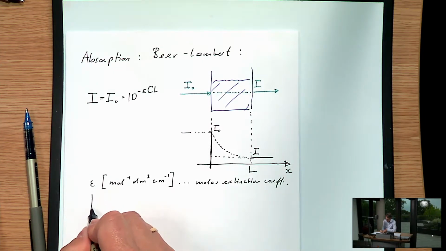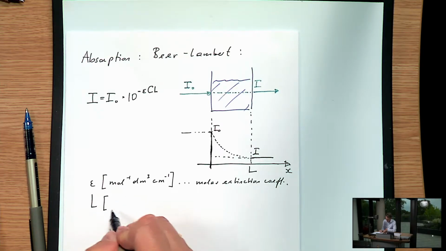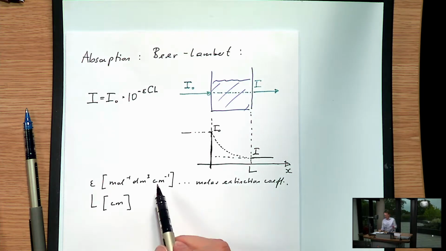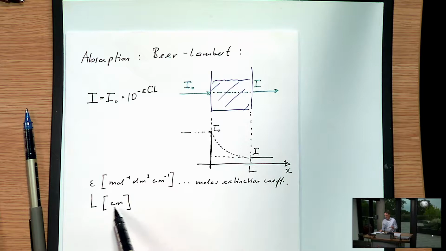And L is the length of the cuvette. It is in centimeter. Note the units are a little funny. So this is per centimeter of absorption length, and this is centimeters, the length over which you absorb.